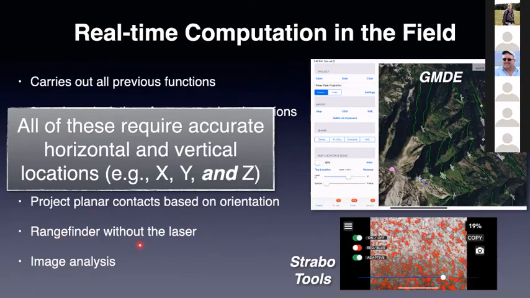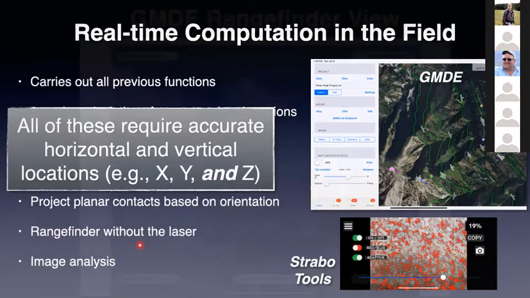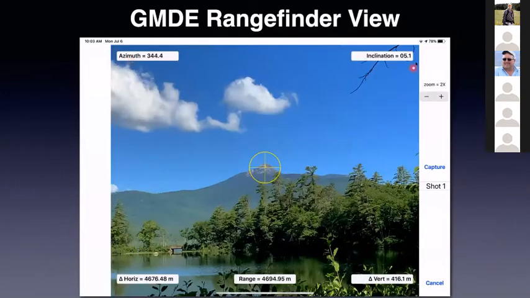So here's the rangefinder view that'll be in the next version of GMDE. It turns out when you have a digital elevation model, you can simply, if you know the azimuth and the inclination of the line of sight, which if you're using the device, the device can give you directly, or if you prefer to use your Brunton compass to do a bearing and an inclination and so on, you can actually type those in.